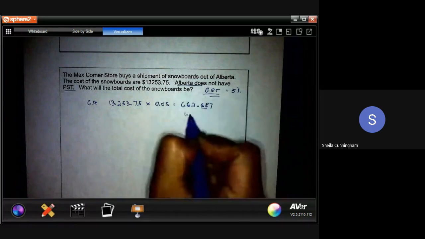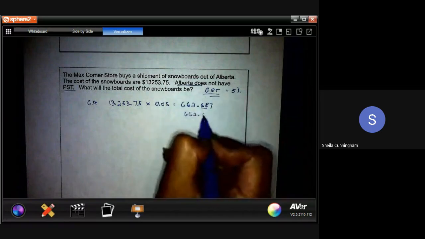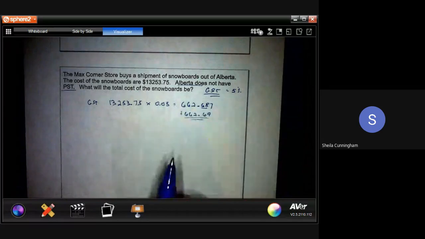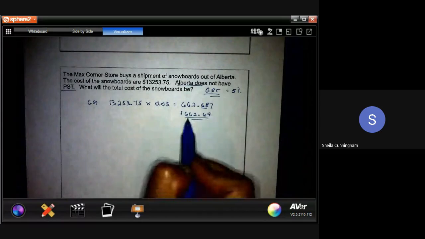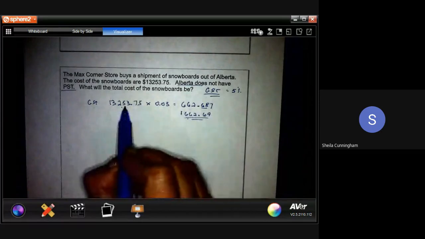So in this case, 2 decimal places, go to the third one, larger than 5, it's going to bump that 8 up by 1. So now I'm really looking at a tax of $662.69. That's the tax that is on the cost of these snowboards.